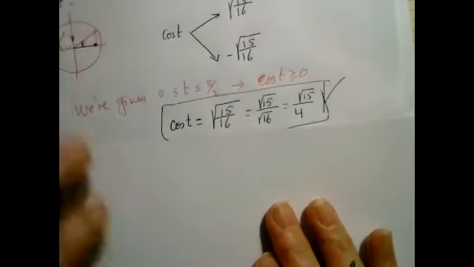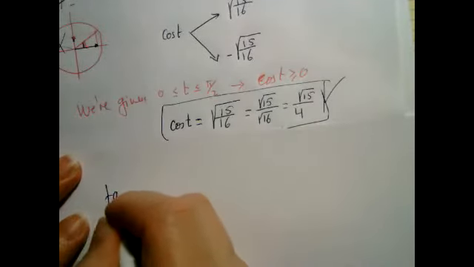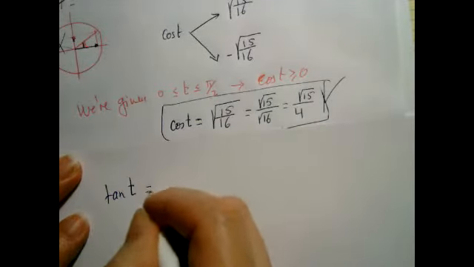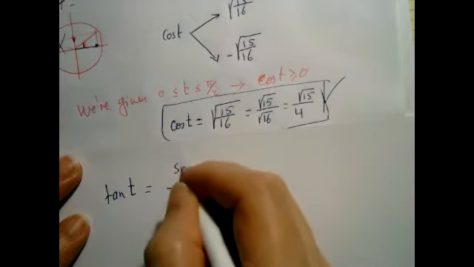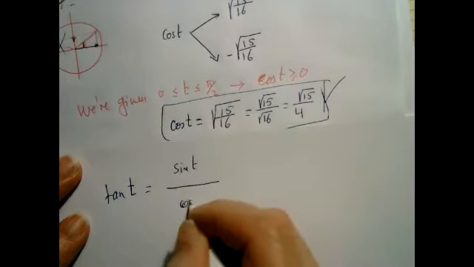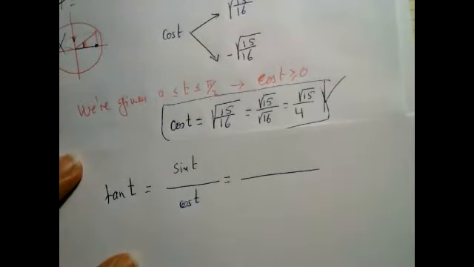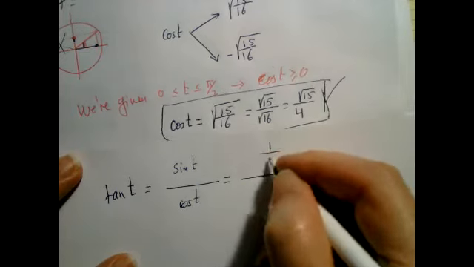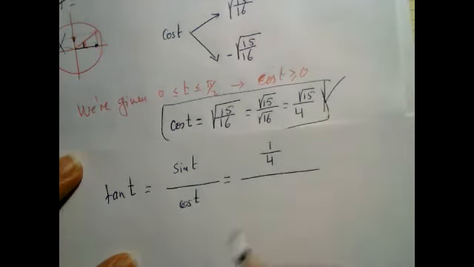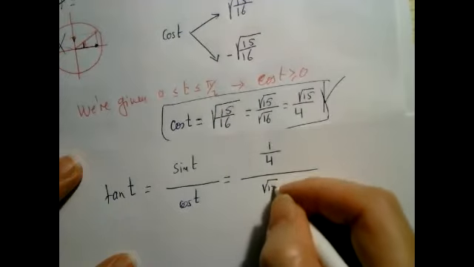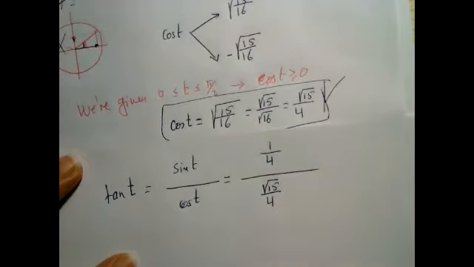Okay, now I want the tangent. The tangent is the sine over the cosine. Now we do that. So what is the sine here? The sine is 1 over 4. The cosine is the square root of 15 over 4.